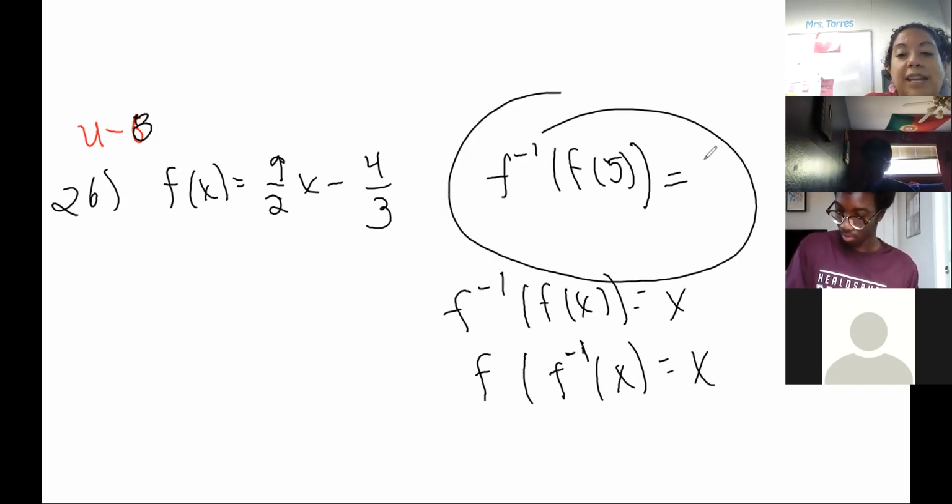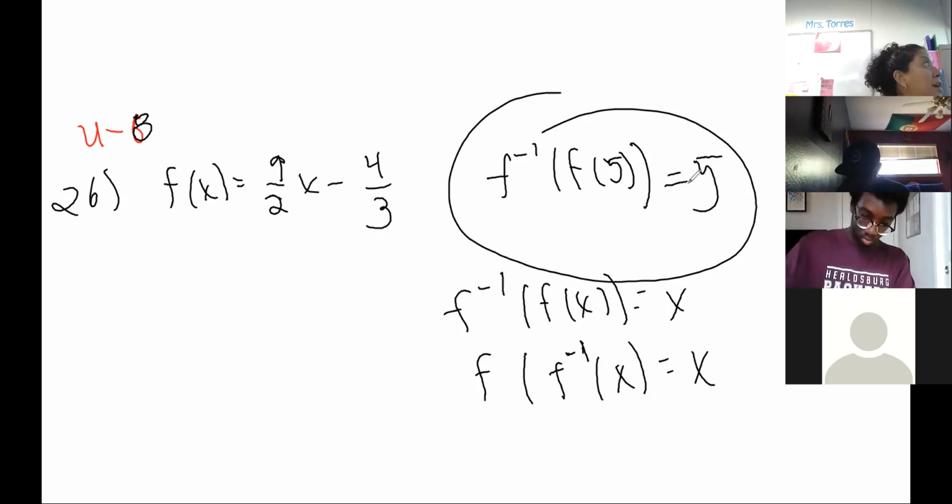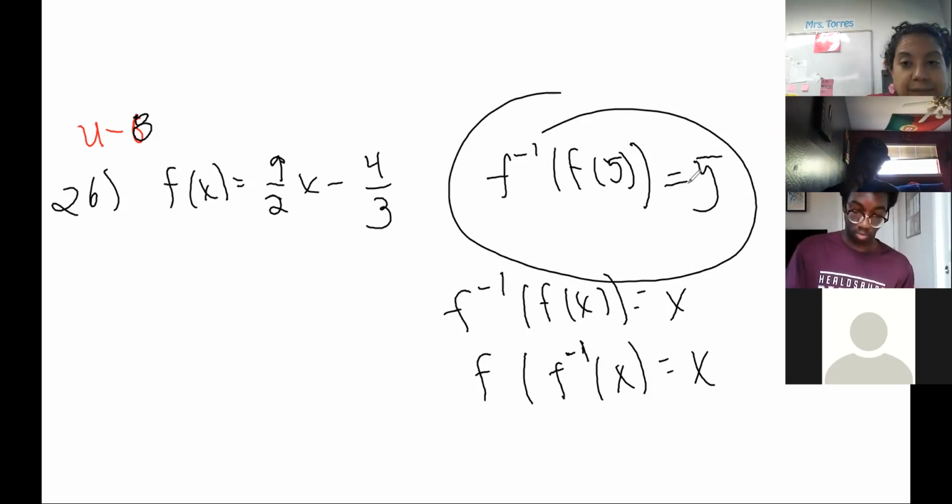Without any extra work, the answer is just what? 5. Again, that's because inverse operations undo each other. Got it? Yes, I got it. Okay. Any others from the review packet?